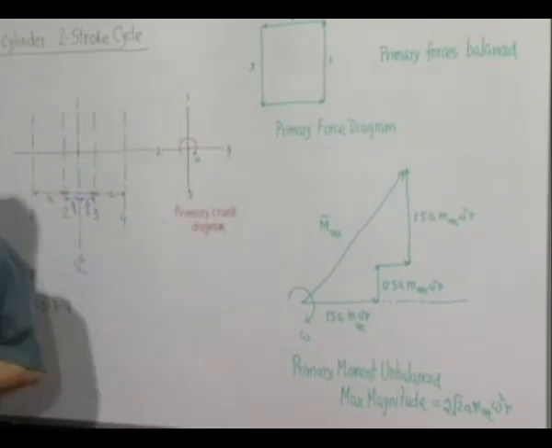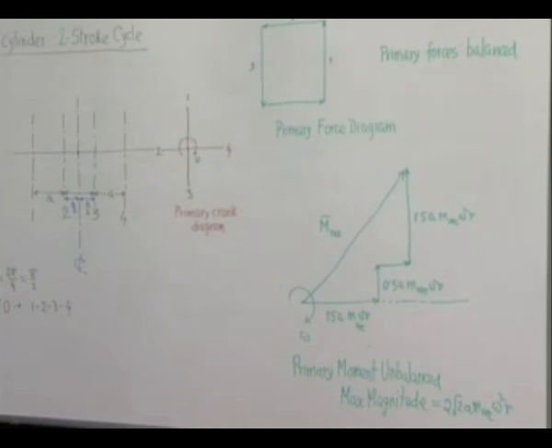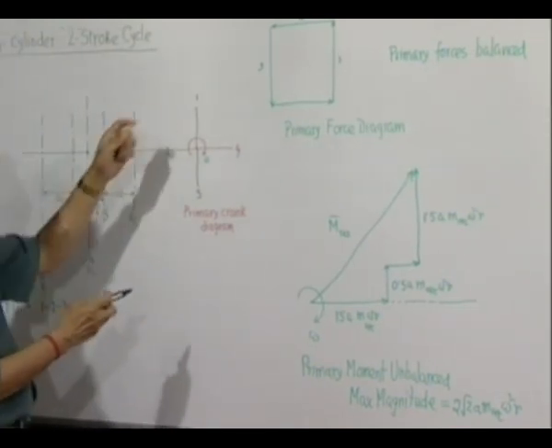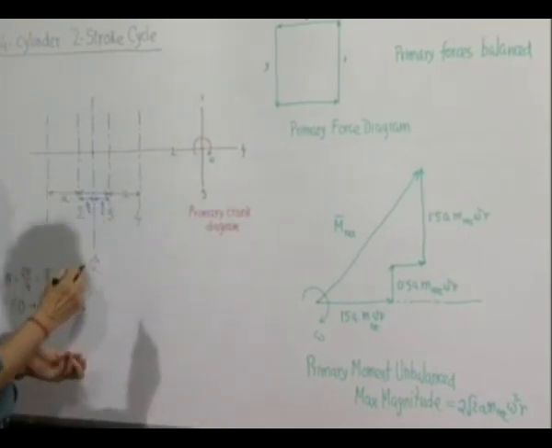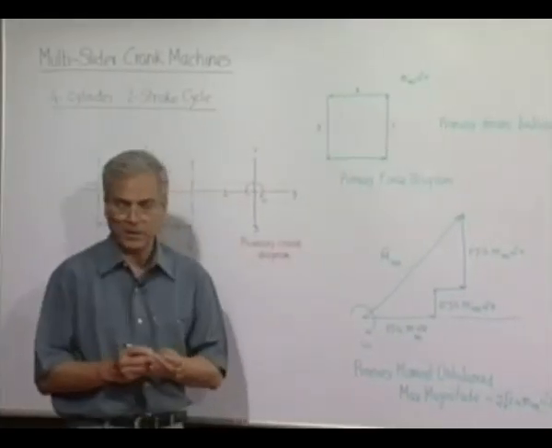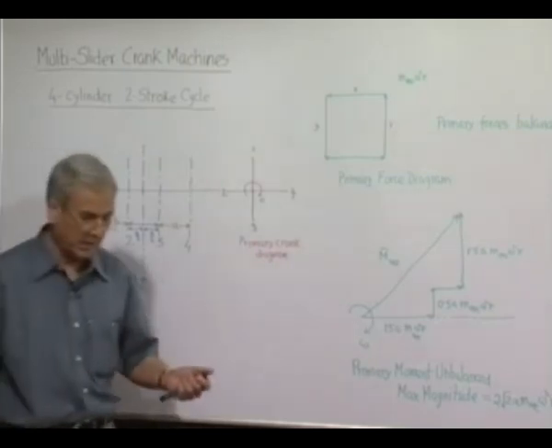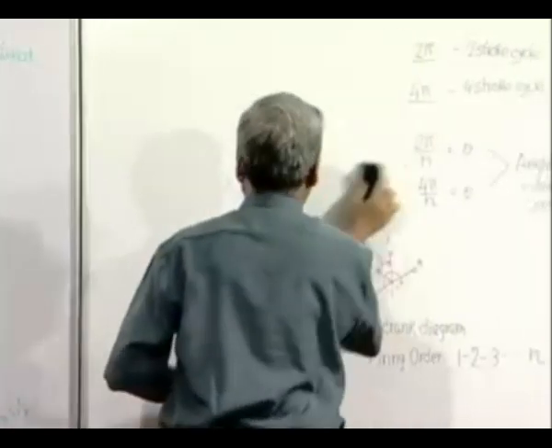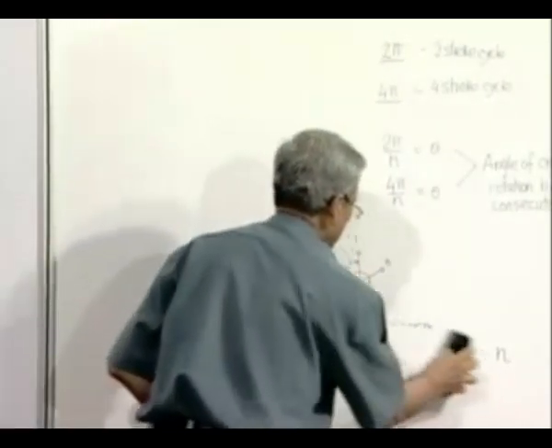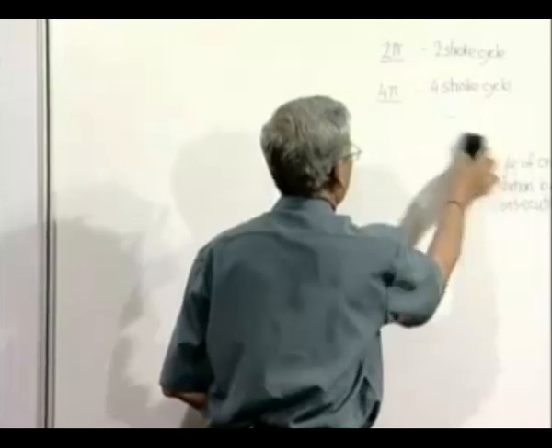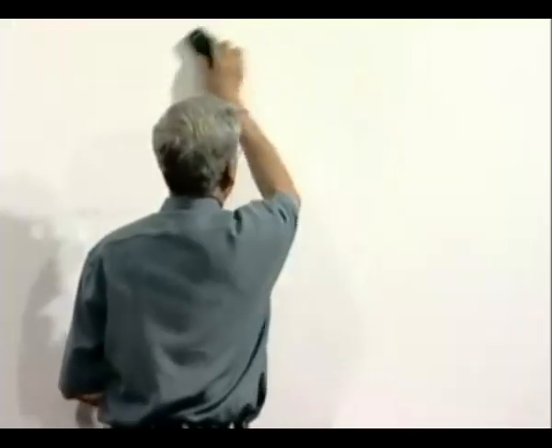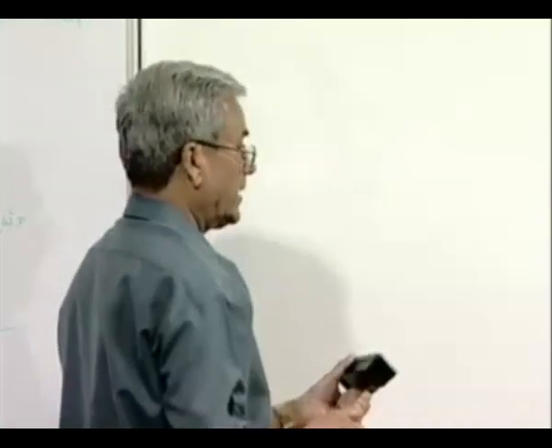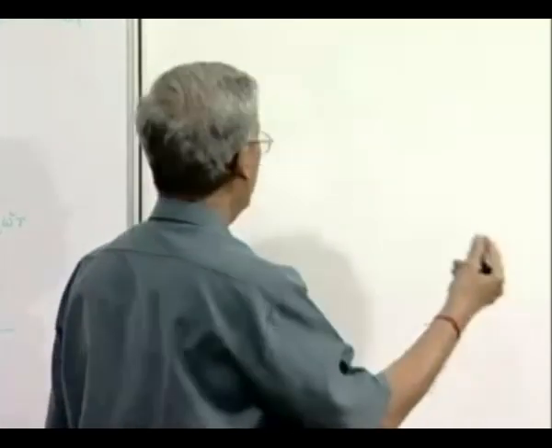Now, when we have to investigate the secondary unbalanced forces, first we have to draw the secondary crank diagram. We have seen that in any reciprocating engine or slider crank mechanism, the secondary crank rotates at a speed twice that of the primary crank, and at an instant it has rotated through double the angle.